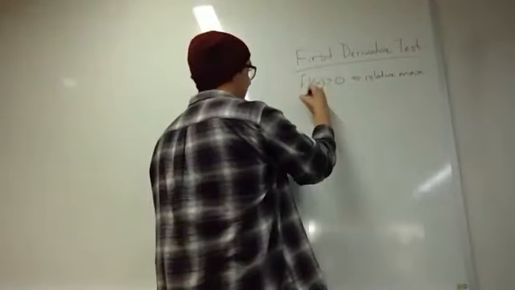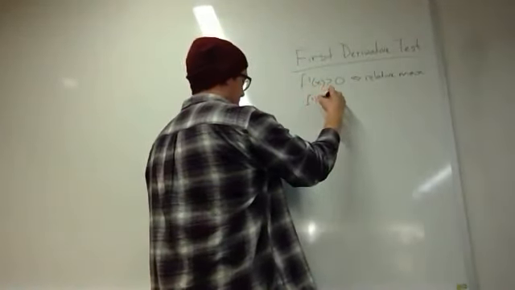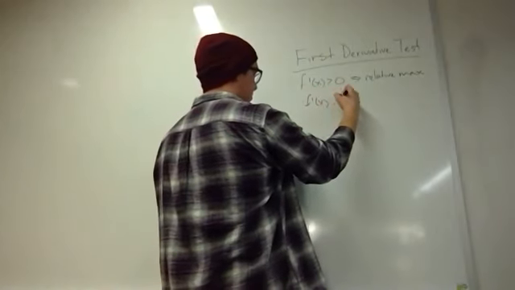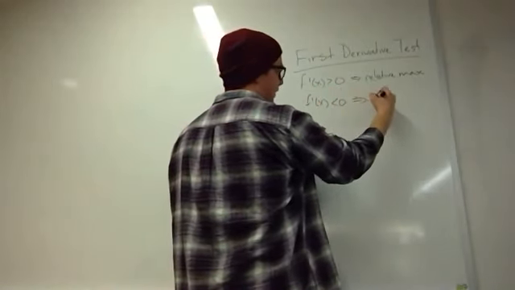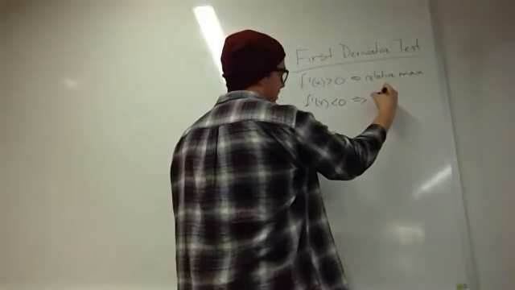If our f prime of x is less than 0, then our final x value after that section is going to be a relative min.